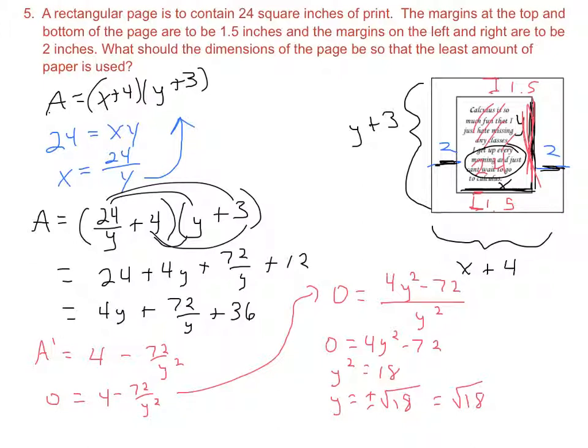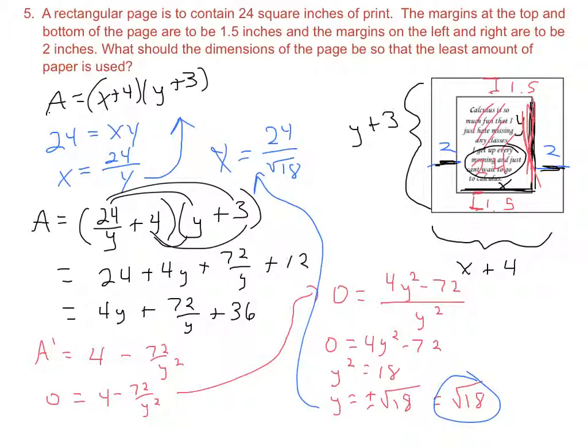So we want to find the x value. We're going to plug our y value in to the original function, and we're going to get x equals 24 divided by the square root of 18. You can leave it like that. That's a nice exact answer, or you could get the decimal.